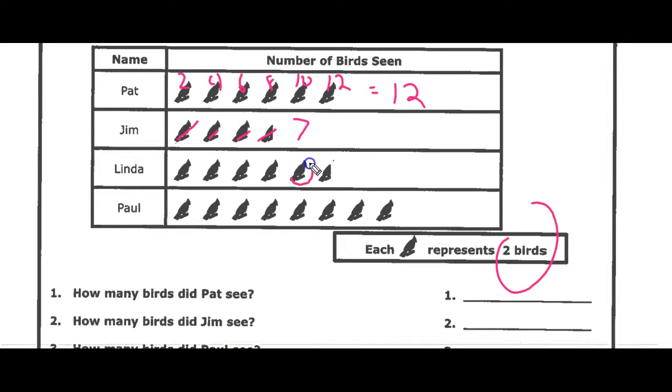So if one whole bird was 2, a half a bird would be 1. So now I have 2, 4, 6, 8, 10 plus 1 more is 11. And here all the birds are whole. So I have 2, 4, 6, 8, 10, 12, 14, 16. And then answer the questions using the picture graph.